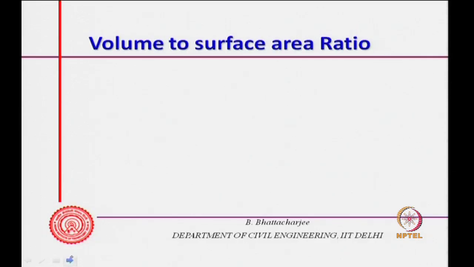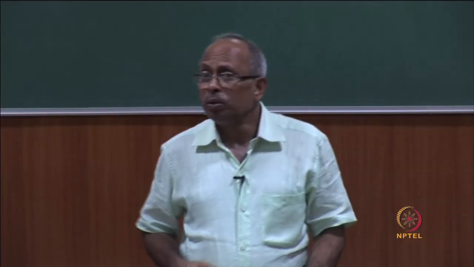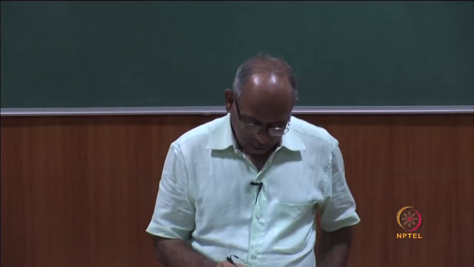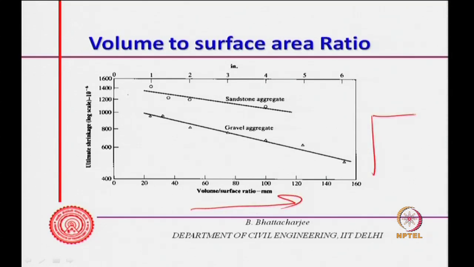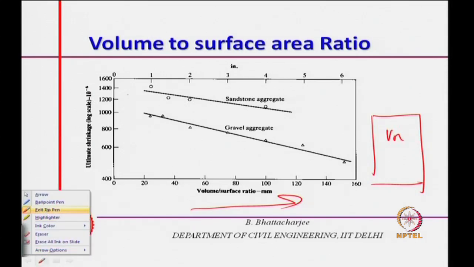Now, volume to surface area ratio. It is almost similar to the situation of creep again. The volume is here, and the surface area is the peripheral surface area in this case.